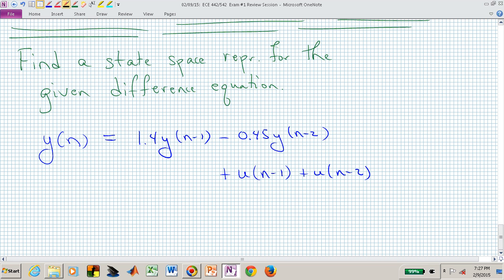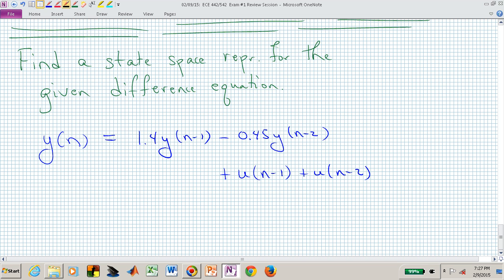I'm thinking these delays in our input, right? In class, we talked about not having a delay in our input. Now we have them, and on a homework problem, which seemed to cause problems, I gave you delays in your input. You now had a non-unity numerator in your transfer function.